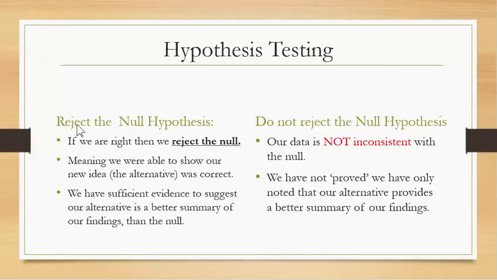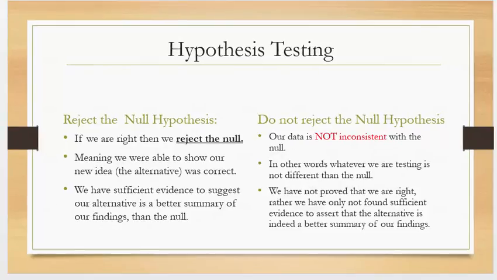Now, we either reject the null hypothesis in the case where we are choosing the alternative, or we do not reject the null hypothesis. In the case where we do not reject the null hypothesis, we have simply found that our data is not inconsistent with the null. In other words, whatever we are testing is not really different than the null.